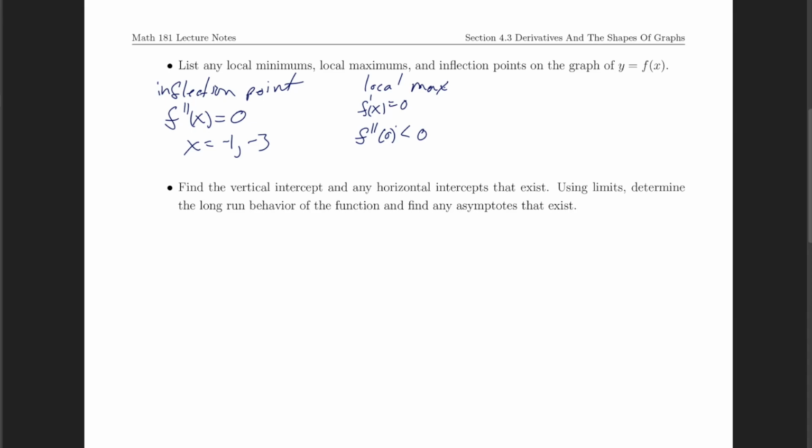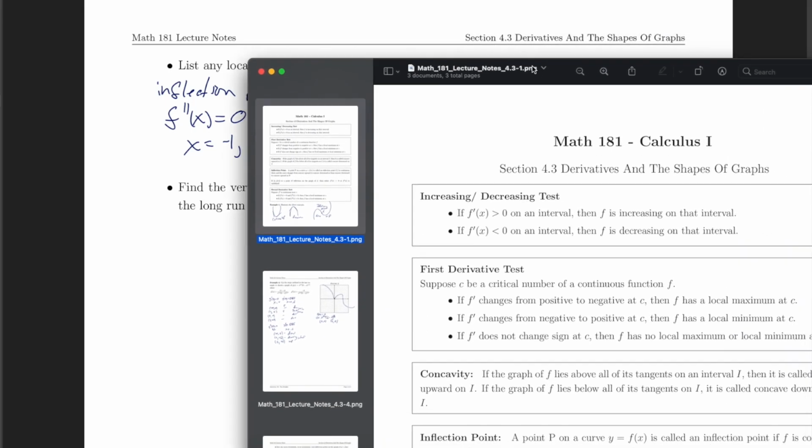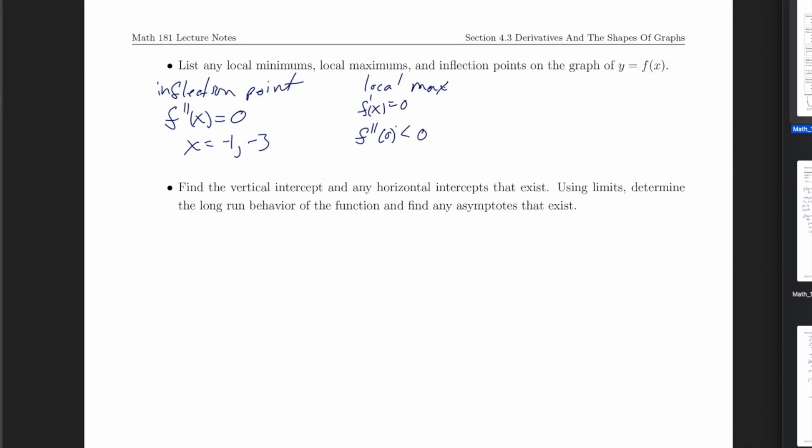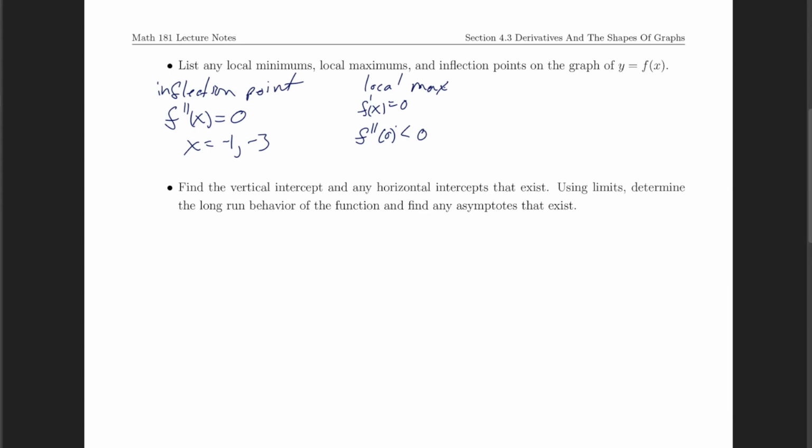Here we have it at 0, here we have it less than 0, and so that's a local maximum. So we'll have that local max right there.